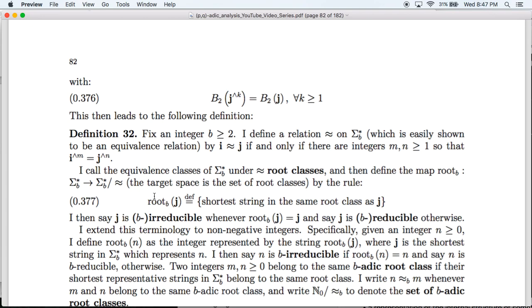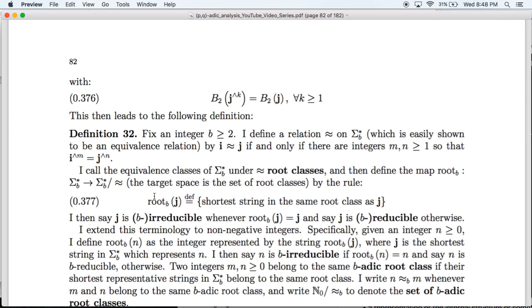Specifically, given an integer n greater than or equal to 0, root b of n is the integer represented by the string root b of j, where j is the shortest base b string representing n. I then say n is b irreducible if it's its own b root, and b reducible otherwise.